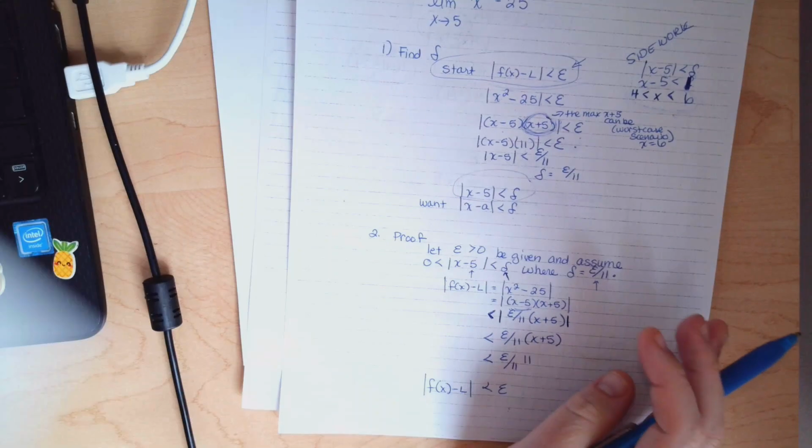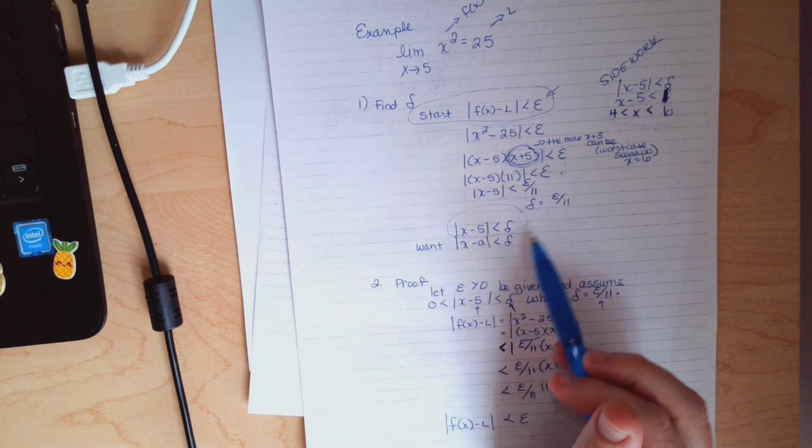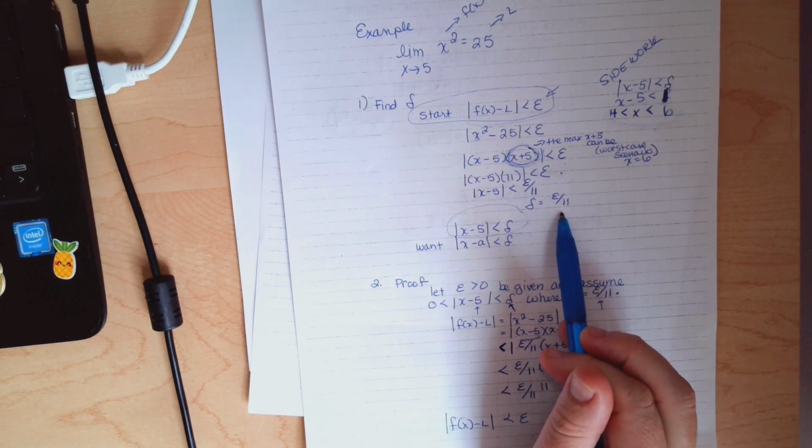That's my definition. So first, we found a delta. We chose delta epsilon over 11.